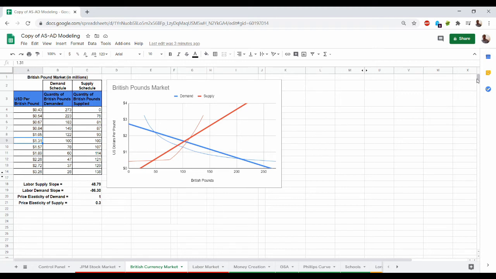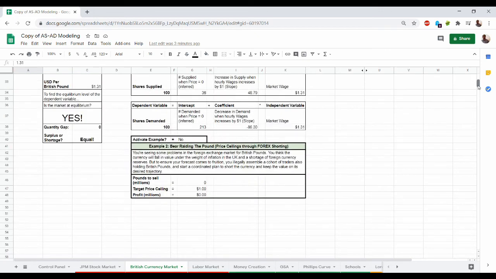Now, in this market, we're going to simulate the situation that would occur if the British pound was undergoing something that we call bear raiding. In Forex markets, bear raiding is effectively similar to short selling.